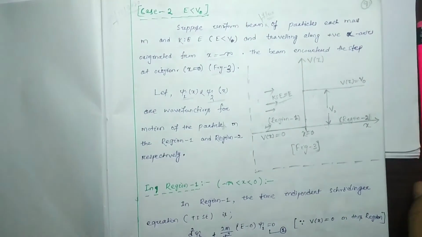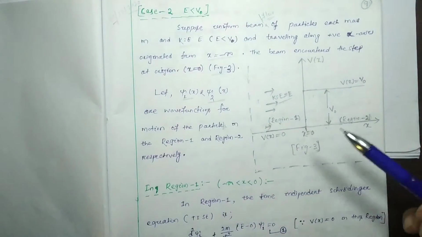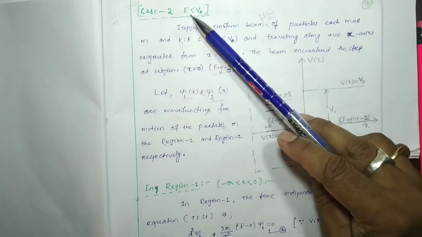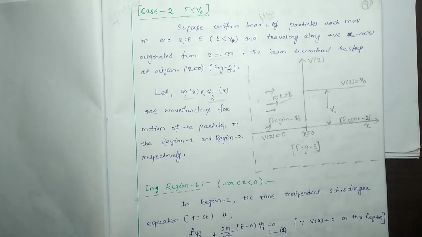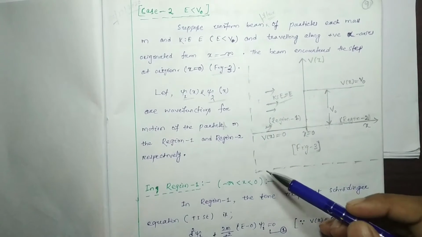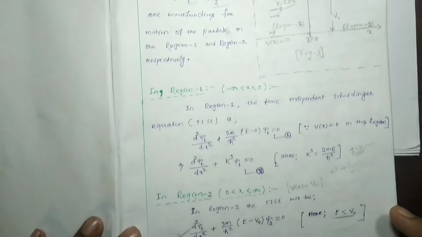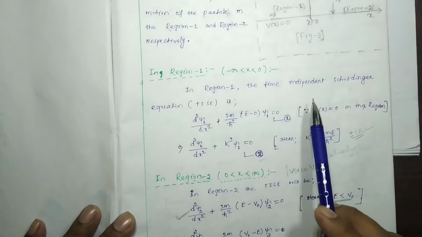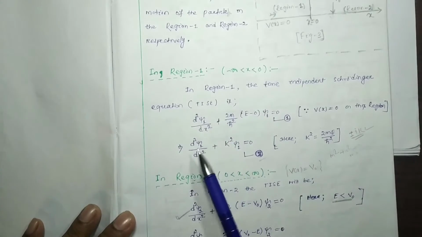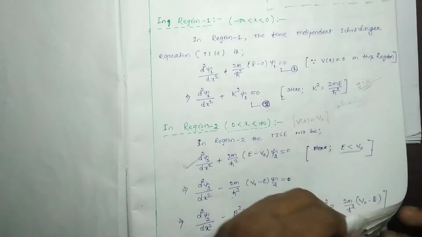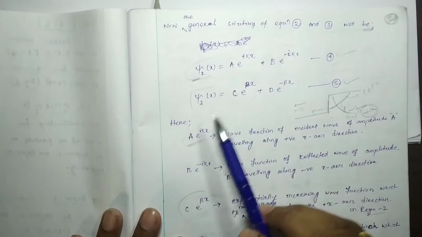So you can check your note for when we discussed the potential step, that is E less than V0. Go to the page where you wrote it. For that we defined the time independent Schrodinger equation for region 1 and region 2, and we got the solutions for region 1 and region 2.